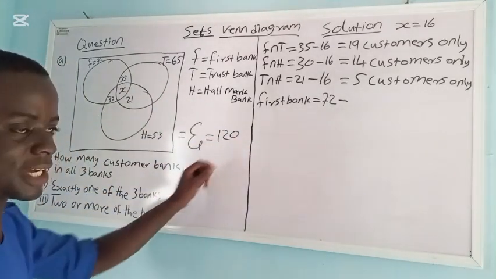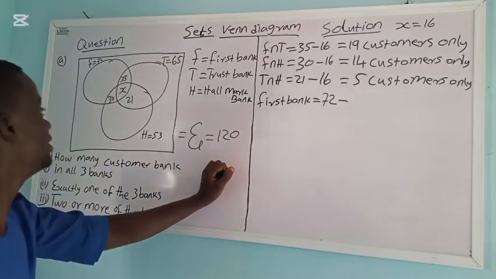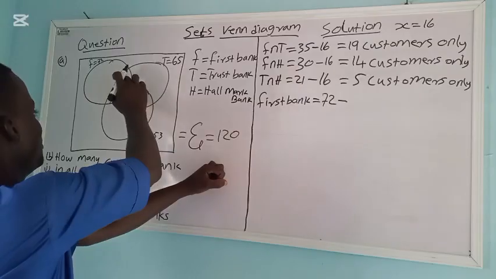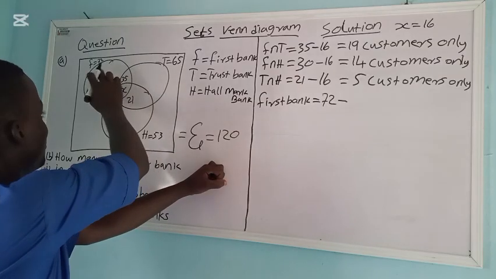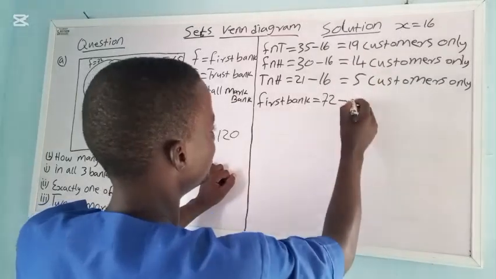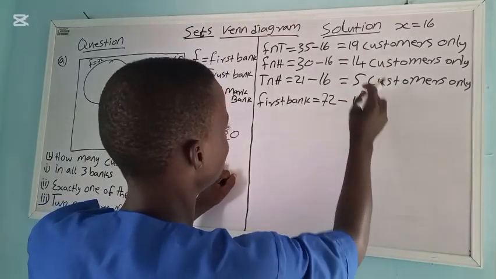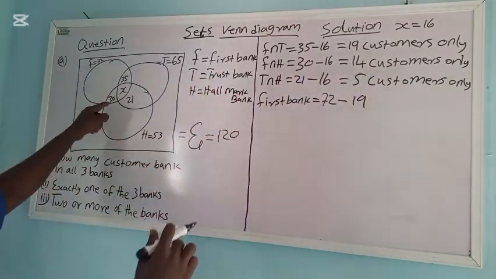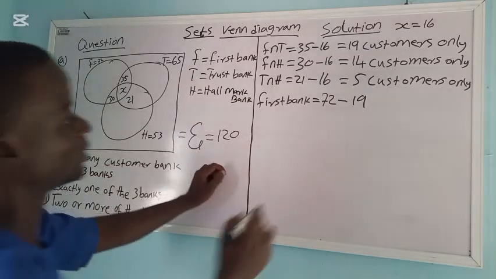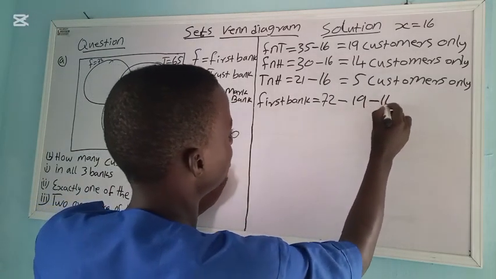So for us to find the customers that bank with only first bank, we need to minus the customers that use first bank and trust bank, which is 19. Then the customers that use first bank and Hallmark bank, which is 14.